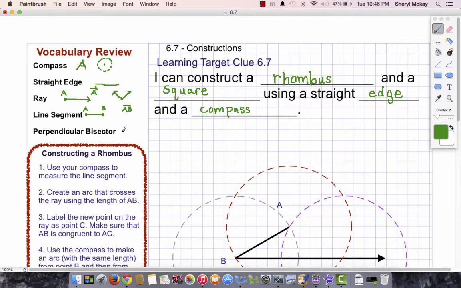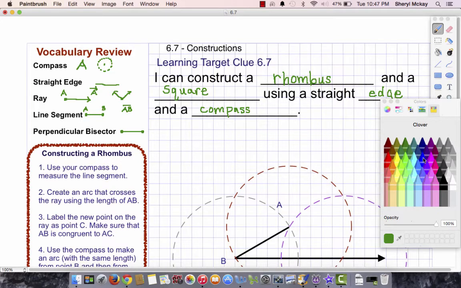Perpendicular bisector, we've already talked about perpendicular bisector, so this is just a review. But if we have a line segment, we can take a line and draw it so that it is perpendicular to our line segment. So that means it makes a right angle. Okay, so it's straight up and down, makes a right angle, and that's the perpendicular part of the line.